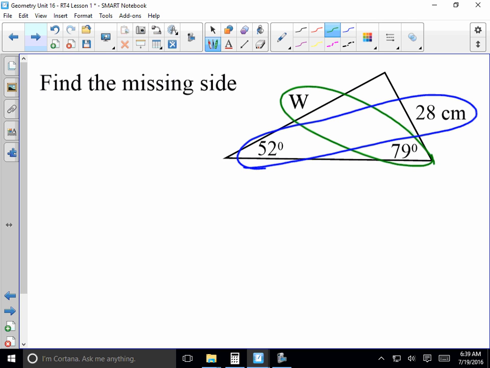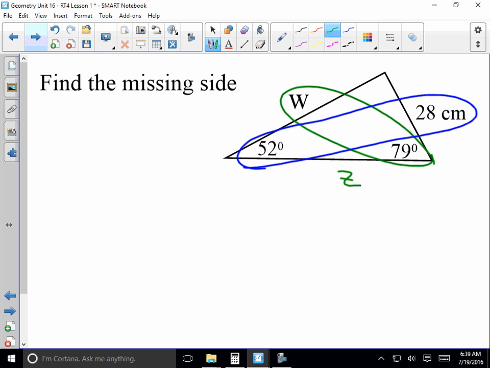Sometimes we could give you a situation like Z, and you would say, oh, Z doesn't have an angle that's across from it. That's when you have to use your geometry knowledge and say, well, I can find angle Z.